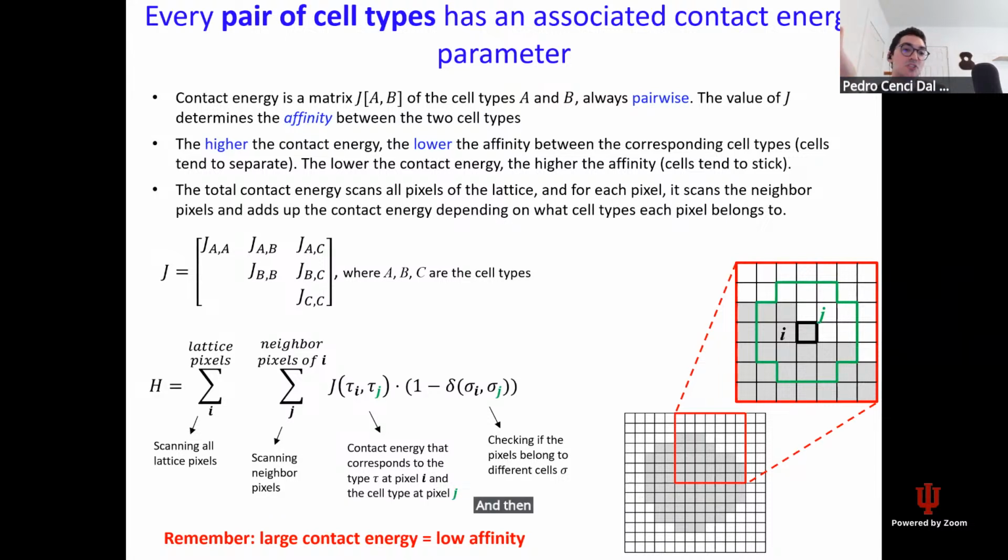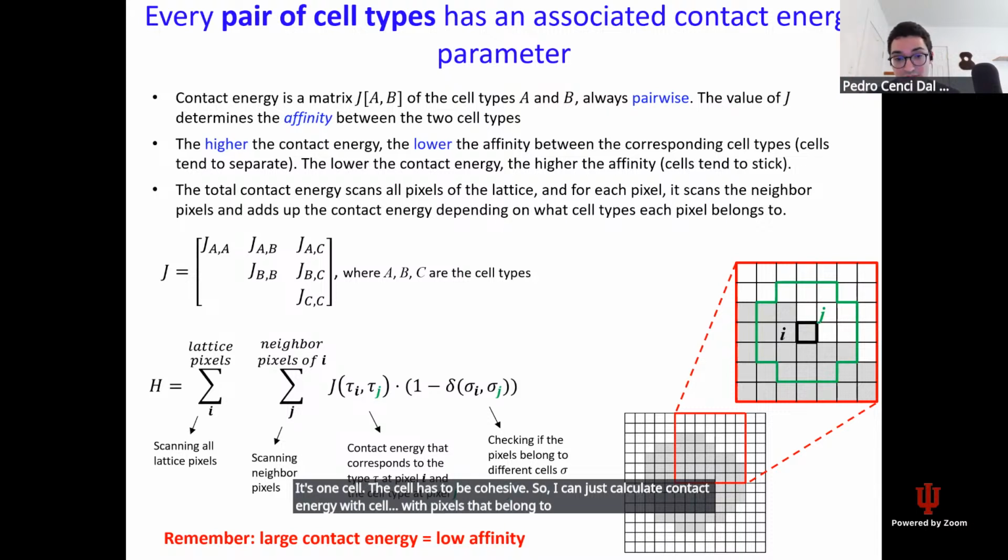And then for each neighbor of these source pixels, we are asking, are you a pixel of a different cell? Yes or no? This is what this 1 minus delta is doing. Because I cannot consider contact between two pixels of the same cell. It's one cell. The cell has to be cohesive. So I can just calculate contact energy with pixels that belong to other cells.